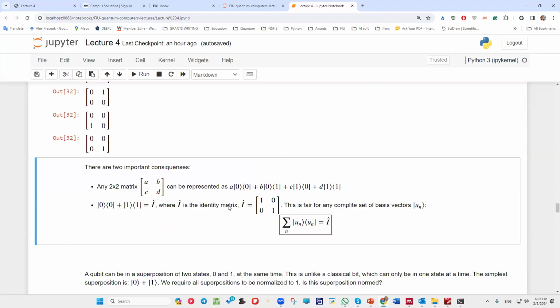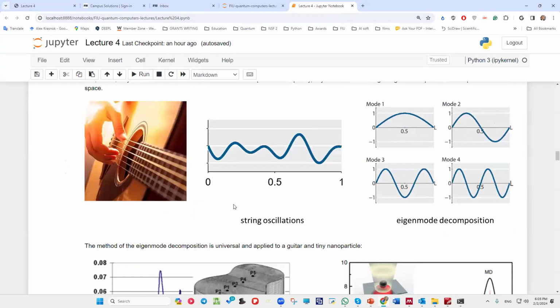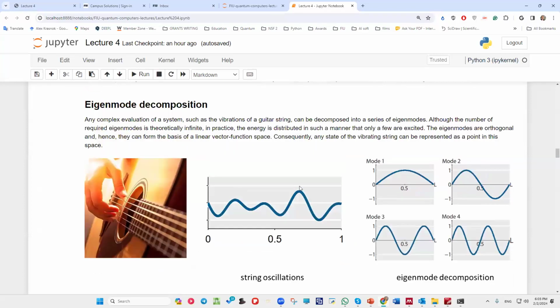Next, I will return to this example several times.